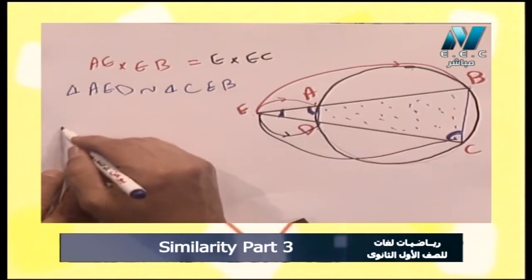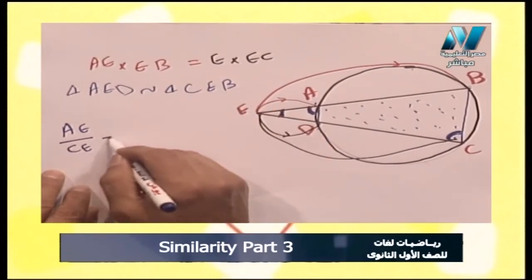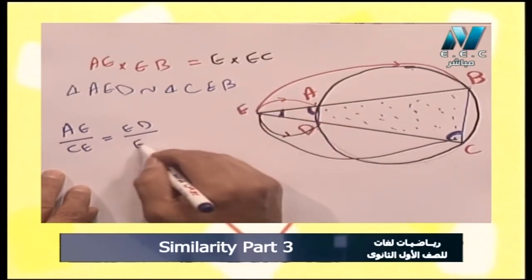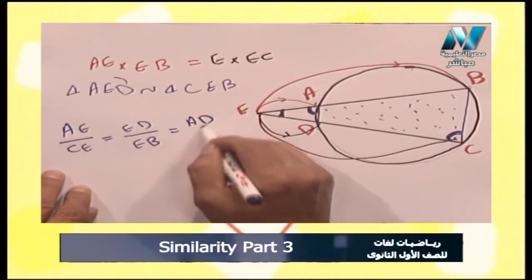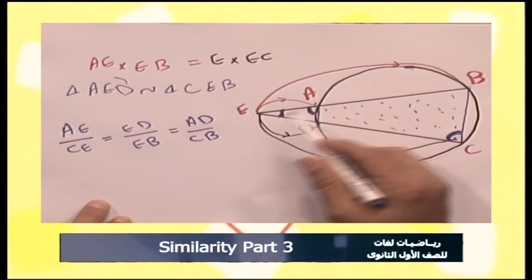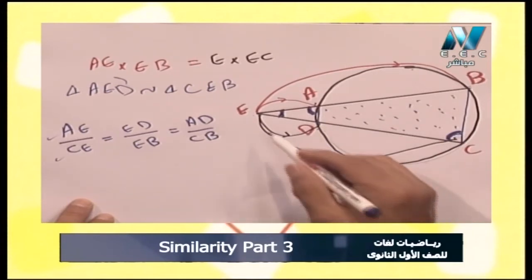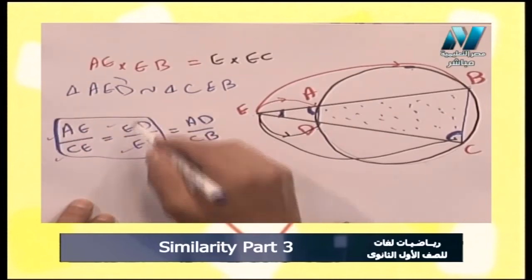So we have here AE over CE equals ED over EB equals AD over CB. We try to find out the relation between these parts. Where is AE here? It's here, and CE is there. Where is ED? Yes, it's this one. So concentrate with the two ratios.